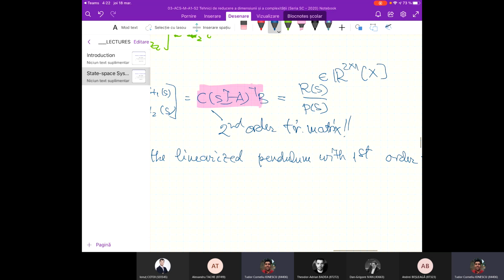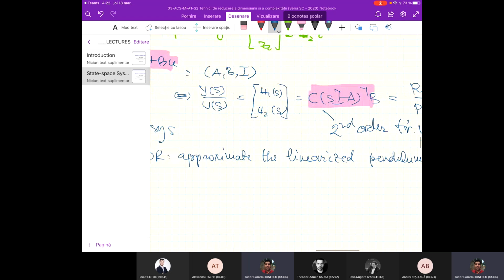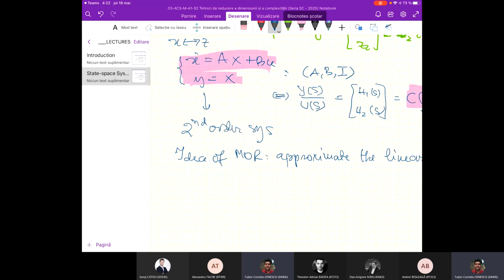So the degree of P is 2. So the order of the transfer matrix is the same as the order of this ABC object. Is this clear to you? Yes, it is. Okay, fine.